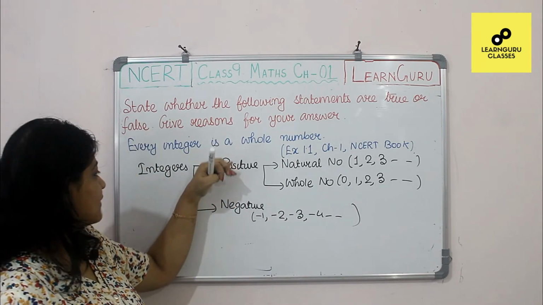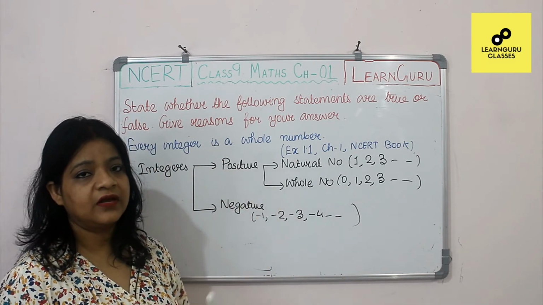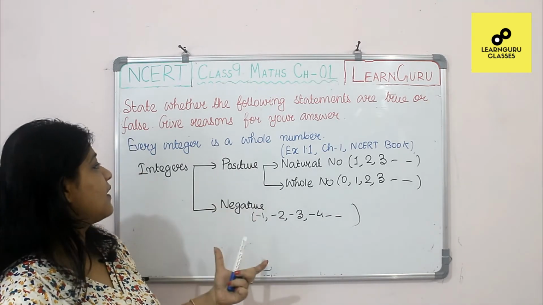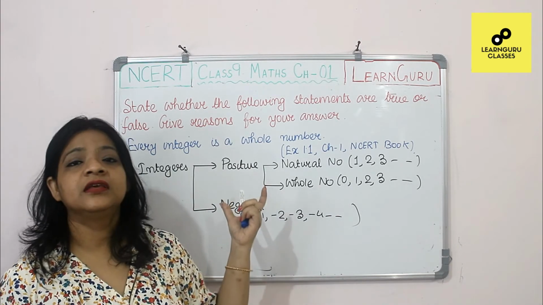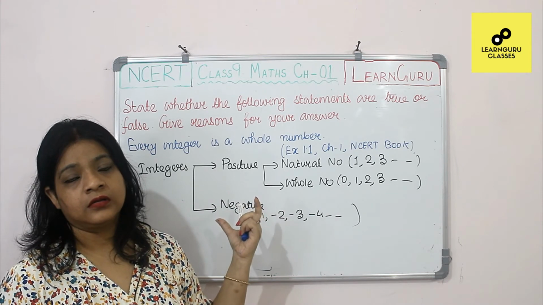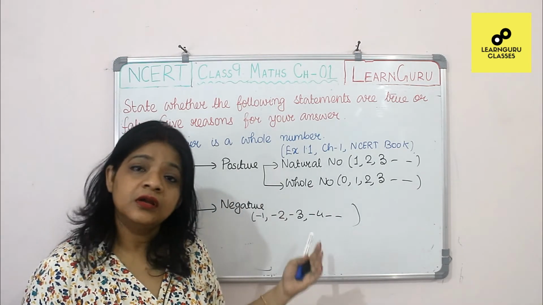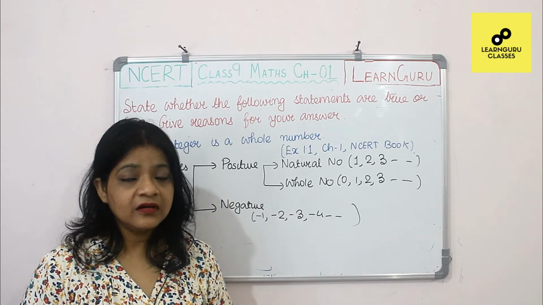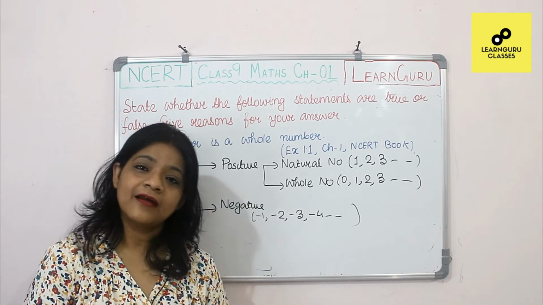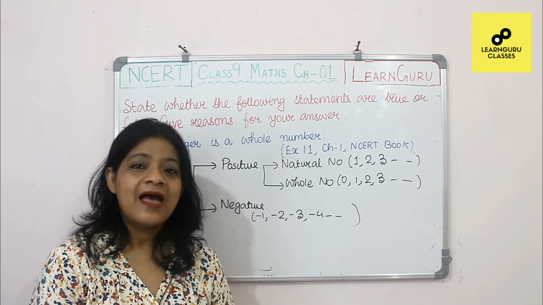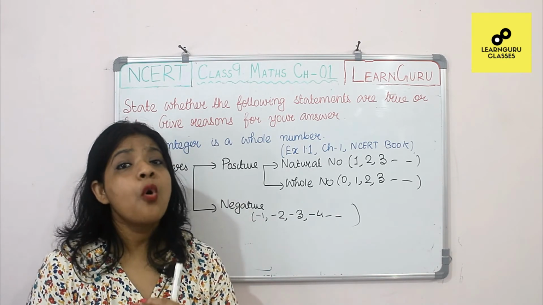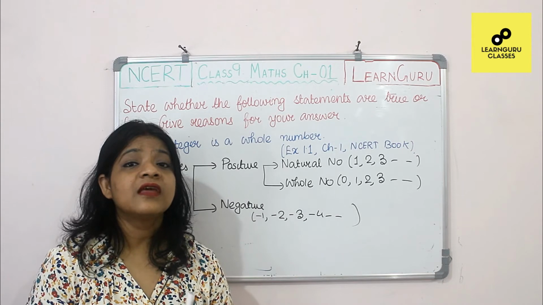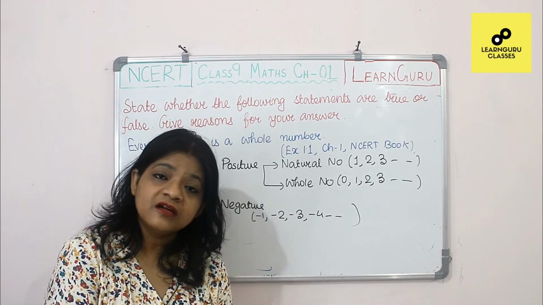So I have classified integers as positive and negative integers. From the classification itself, the thing is clear to you: integer is divided into positive integer and negative integer. Positive integer is again divided into whole number and natural number. So whole number is a part of positive integer.